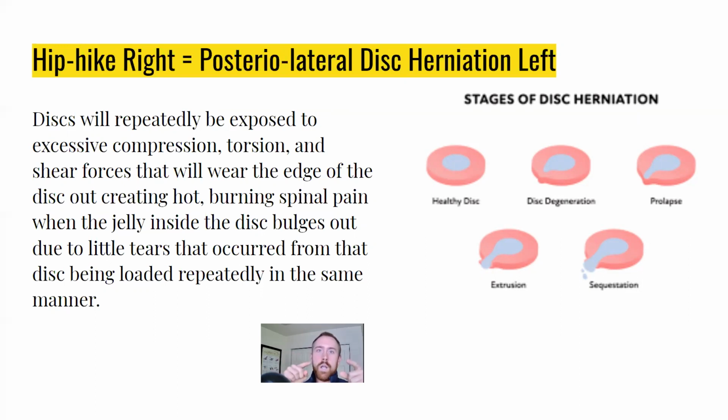You're going to be wearing out backwards and to the side of this disc, and over time this donut piece, see the jelly inside, right? And the donut on the outside, that donut will actually get more and more worn. And the more worn it gets, the more this jelly stuff starts to protrude out.